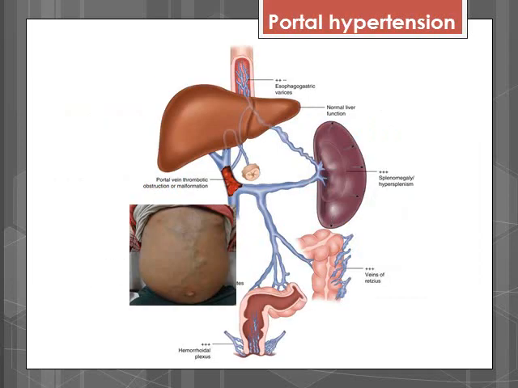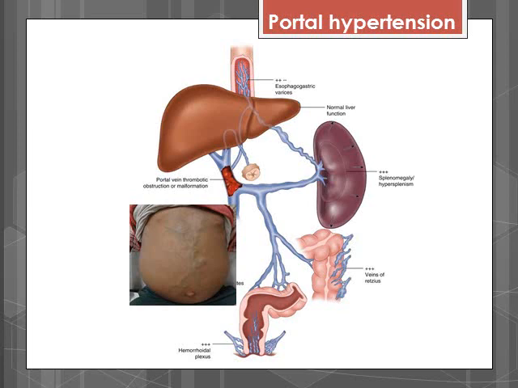The hepatic portal pathway may be blocked by a variety of causes, which are classified into prehepatic causes, for example, thrombosis or congenital obliteration of the portal vein. Hepatic causes, for example, lesions in the liver like liver cirrhosis, and post-hepatic causes like congenital stenosis of the hepatic veins.